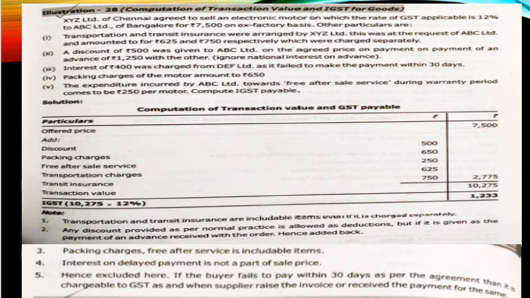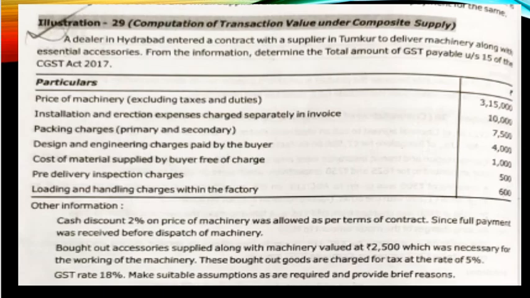So the next problem we are going to discuss, the next illustration is illustration 29. A firm in Hyderabad entered a contract with a supplier in Tumkur to deliver machinery along with essential accessories. From the information, determine the total amount of GST payable under Section 15 of CGST Act 2017.